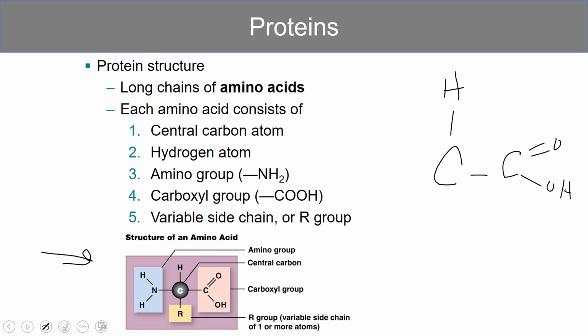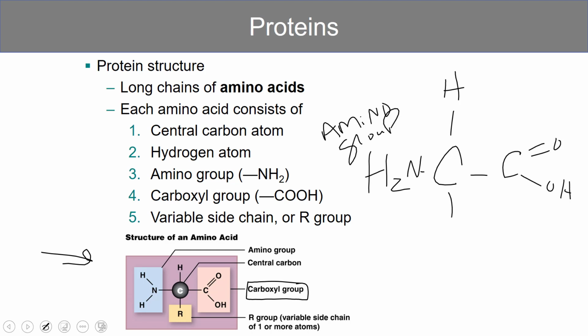So here we have a carboxylic acid group. It's also called a carboxyl group. We have an amino group. Okay, this is an amino group. And then we have this R. And this R refers to the variable group.